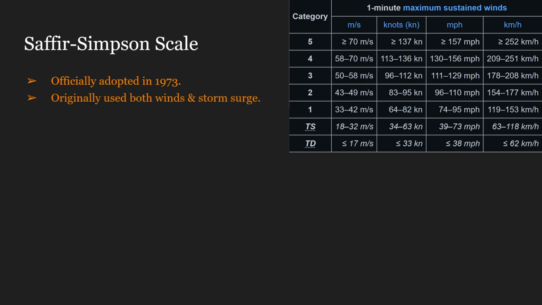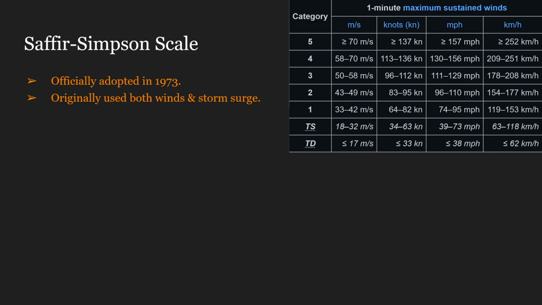Originally, this scale actually used both winds and storm surge. However, it was realized that storm surge does not have that great of a connection, really, if any at all. I mean, it does, but not to the extent that you think, to wind speed.